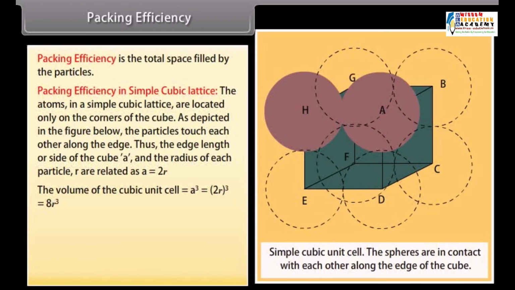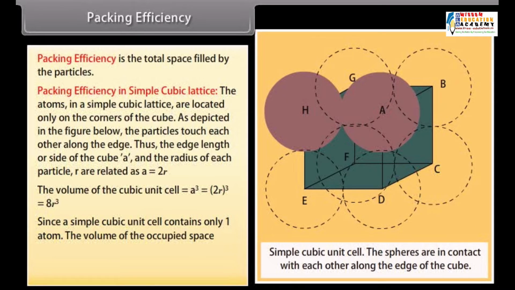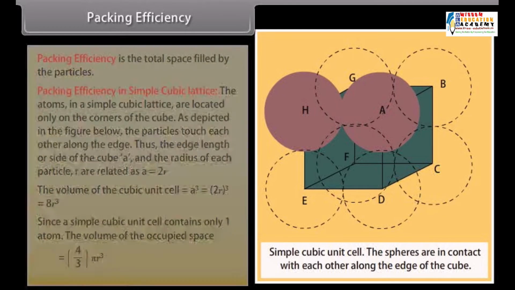The volume of the cubic unit cell is equal to a³, which is equal to (2r)³, which equals 8r³. Since a simple cubic unit cell contains only one atom, the volume of the occupied space is equal to 4/3 πr³.